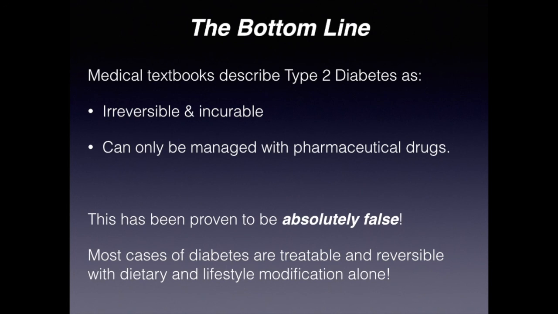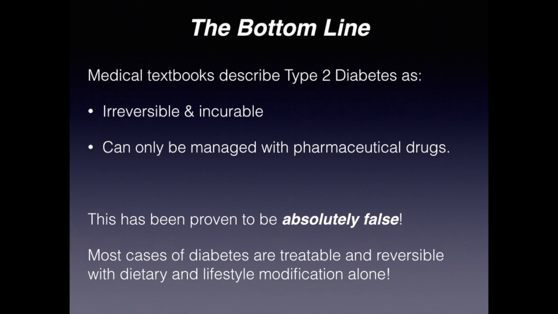So after everything we've discussed about testing for type 2 diabetes and monitoring type 2 diabetes, it's all just to say that the bottom line is that even though medical textbooks tell us that type 2 diabetes is chronic and progressive and irreversible and therefore incurable and can only be managed with pharmaceutical drugs, this has been proven by functional medicine practitioners all over the world to be absolutely false.